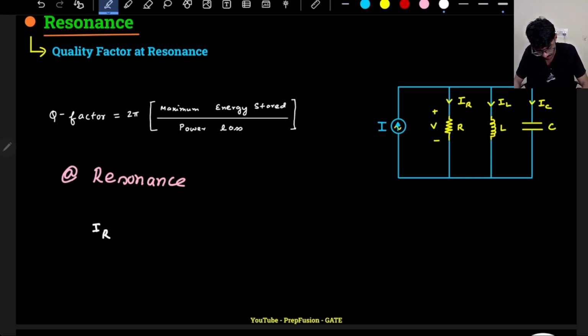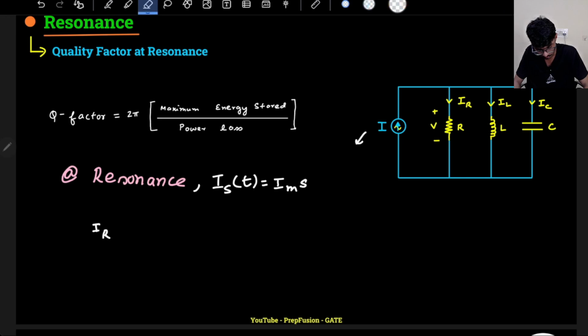If my input source is Is of t equals Im sin omega naught t, because it is at resonant frequency, then IR of t will be the same as Is of t.